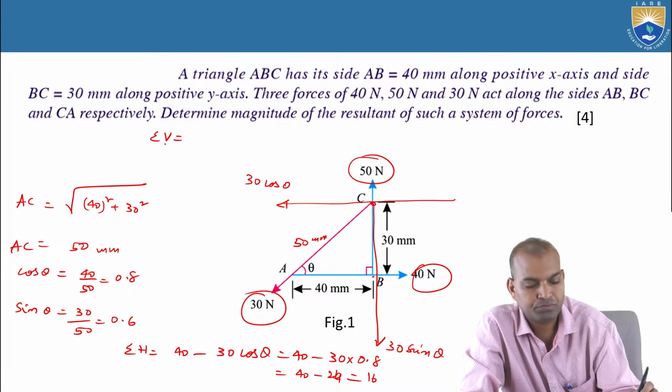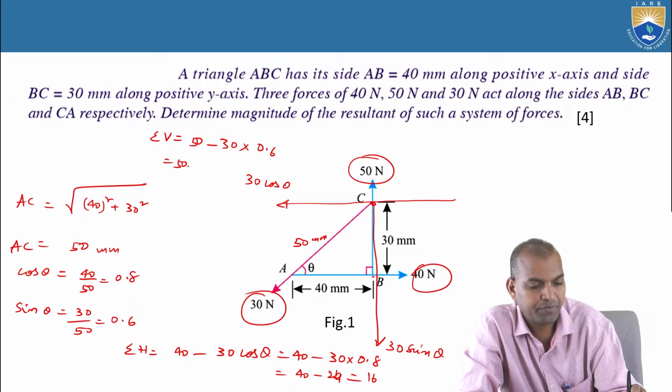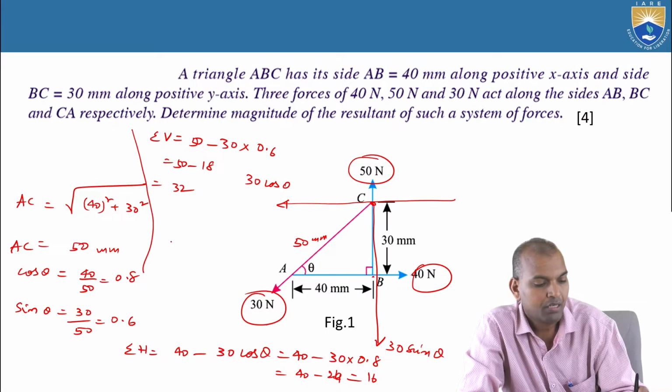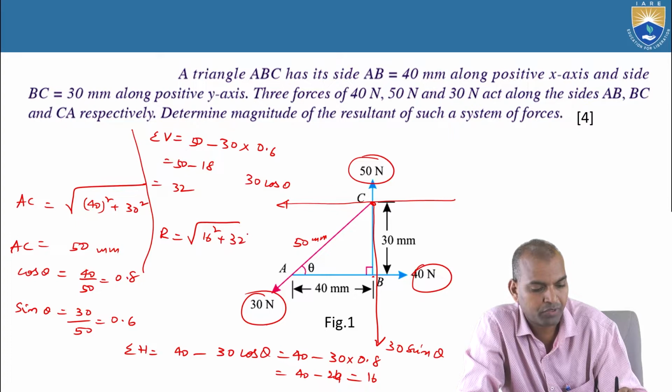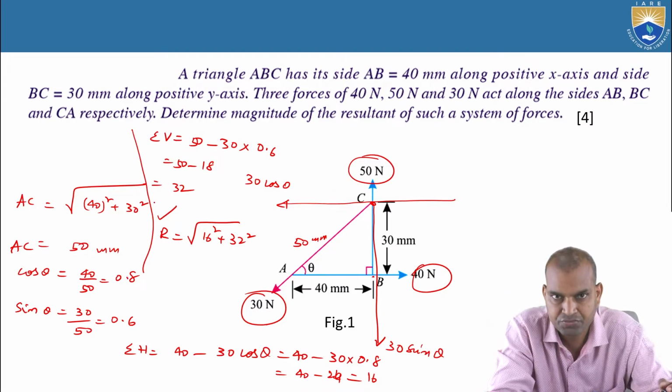Sigma V equals positive 50 minus 30 sin theta. Sin theta value is 0.6, so that is 50 minus 18, that is 32. The resultant R equals the square root of sigma H squared, that is 16 squared plus 32 squared. The value will be obtained as the resultant, that is the magnitude of these forces.